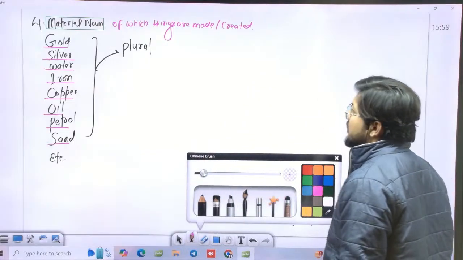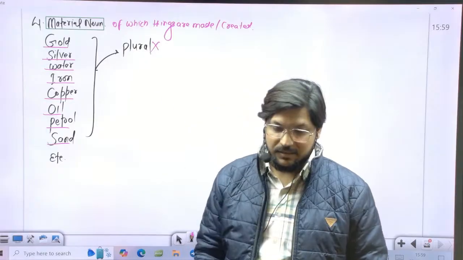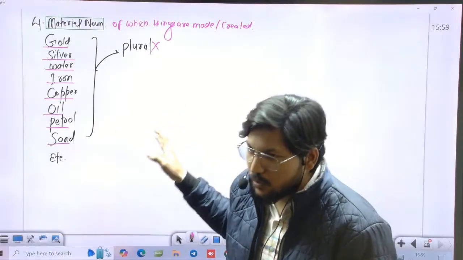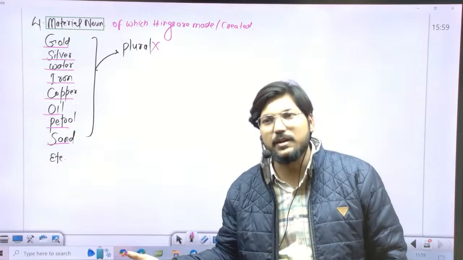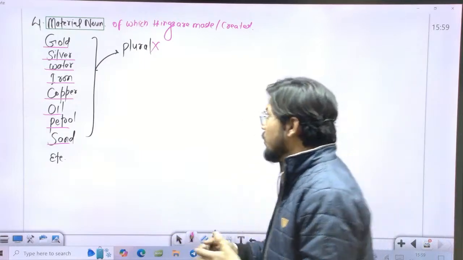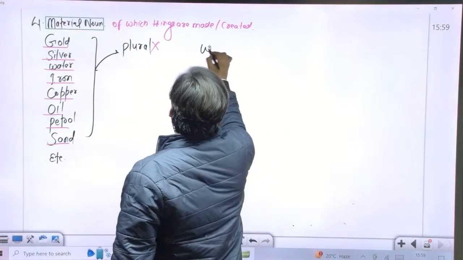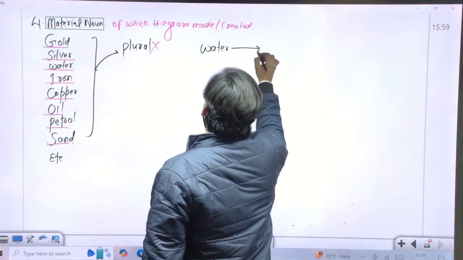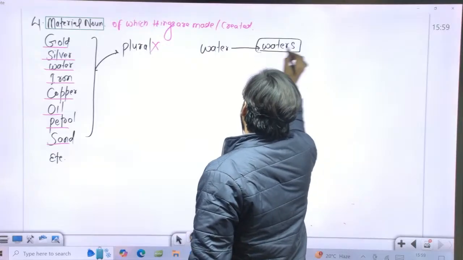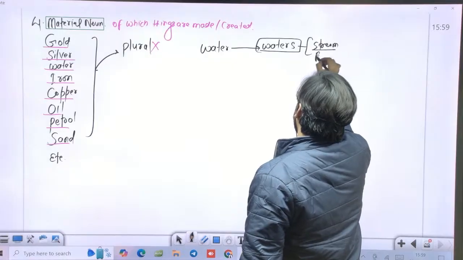So finally you have seen we can't make plurals of all these uncountable nouns. Even though this is your uncountable noun, how will you be able to make them plural, right? But there is a rule. Water is water, but when we make it plural, it becomes stream or river.